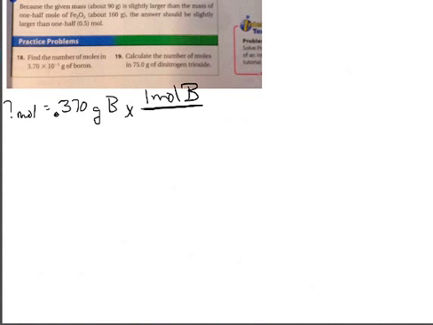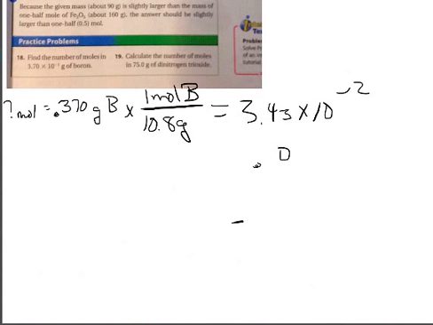I would look that up on the periodic table, find out that boron is 10.8 grams. Now I'm just going to take 0.37 divided by 10.8, and that should give me 3.43 times 10 to the negative 2, or 0.0343 moles.